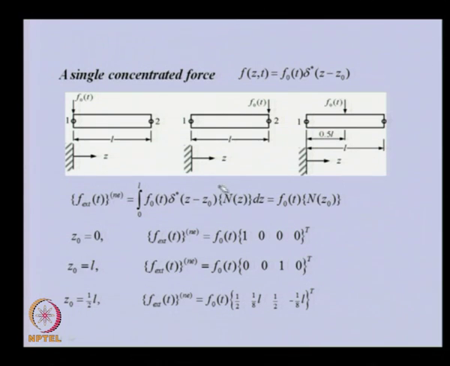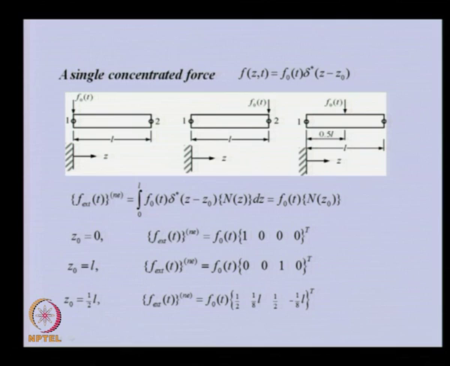We know that with this direct delta function, if you want to integrate this term, this is constant so it will go out, but the function will be evaluated directly by putting z is equal to z naught. That is basically the explicit integration of this.